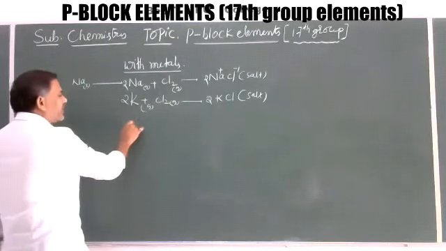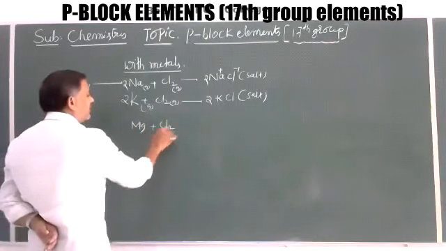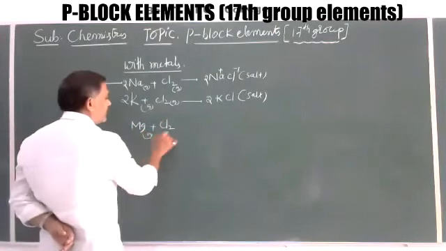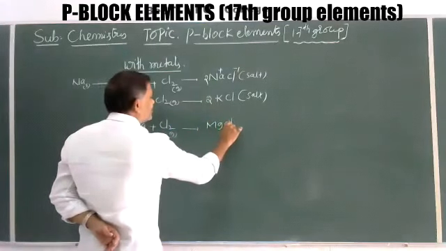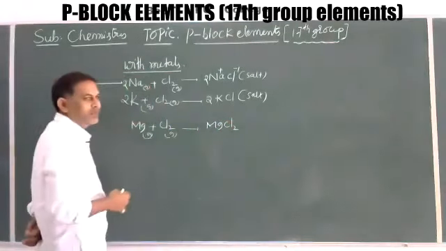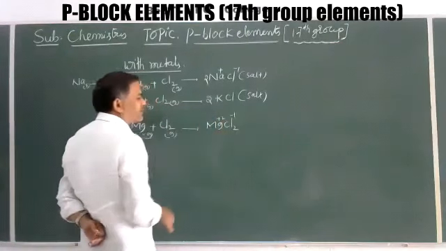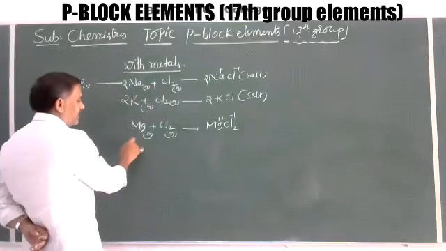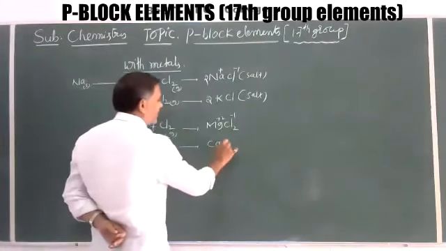Similarly, second group elements like magnesium combine with chlorine gas to give magnesium chloride MgCl2. Magnesium is +2, chlorine is -1 by the crisscross method. Like Ca plus Cl2 gives CaCl2.